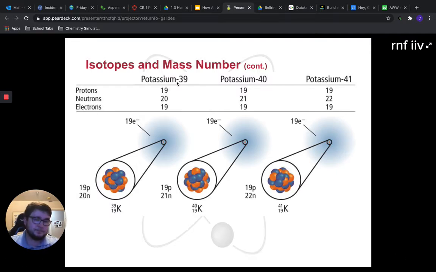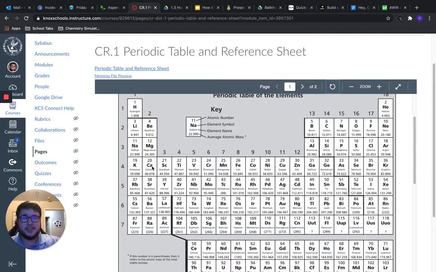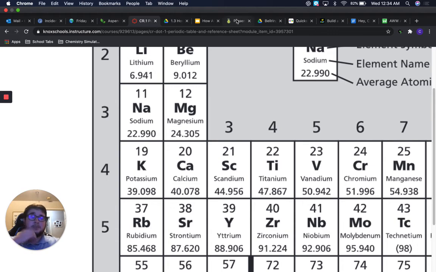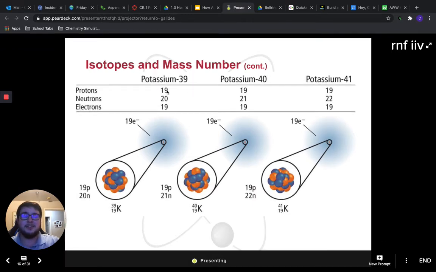All right. So if I want to figure out how many protons, neutrons, and electrons I have, it's potassium. If I look at my periodic table, it's here, K, and look, it's atomic number 19. So atomic number 19 will tell me, hey, I've got 19 positive charges in my nucleus, or 19 protons, and since I have to have 19 negatives to balance that out, I'll have 19 electrons.